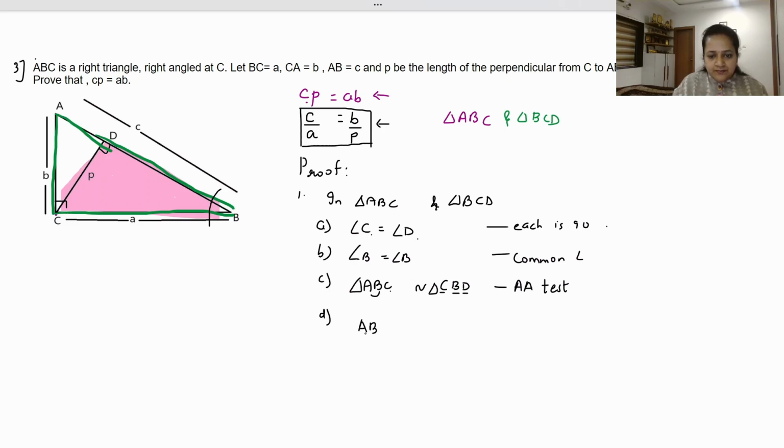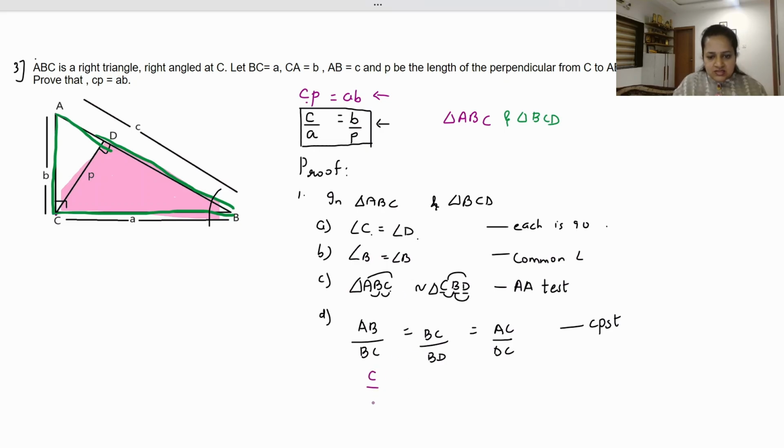Now because the two triangles are similar, can we take the sides in proportion? We'll get AB upon BC is equal to BC upon BD, which is equal to AC upon DC. The reason: corresponding parts of similar triangles. Do we know AB? Yes, AB is c.